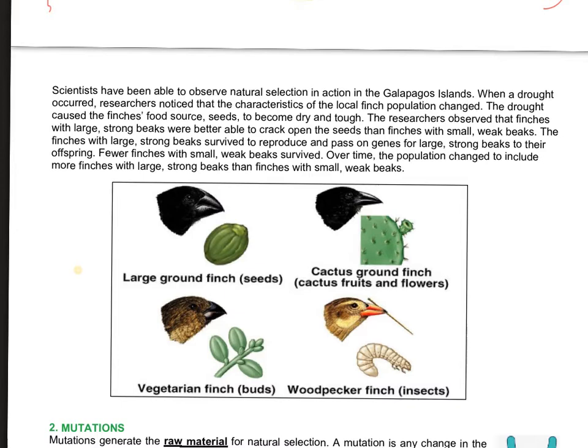The finches with large, strong beaks survived to reproduce and pass on their genes for large, strong beaks to their offspring. Fewer finches with small beaks survived. Over time, the population changed to include more finches with large, strong beaks than finches with small beaks.